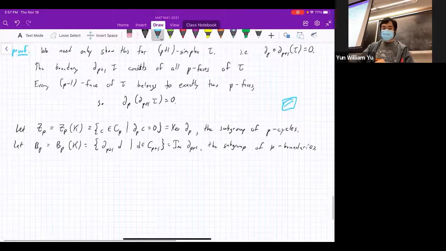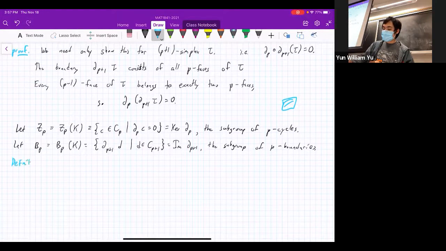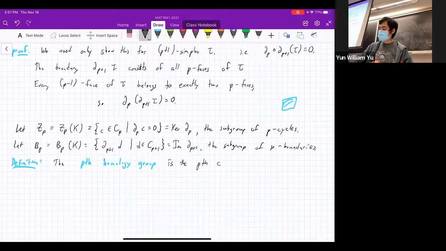And so one thing that we're going to define, actually, I think I have time to write down the definition. I think I'll end there. So definition: the Pth homology group is the Pth cycle group modulo the Pth boundary group.